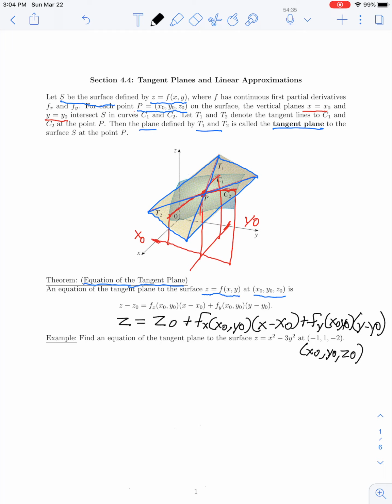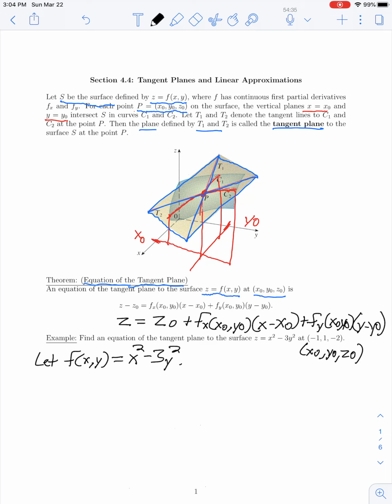So let's start by giving that function a name. In this case, we're looking at the surface z equals x squared minus 3y squared. So our function f of x, y will be this x squared minus 3y squared.